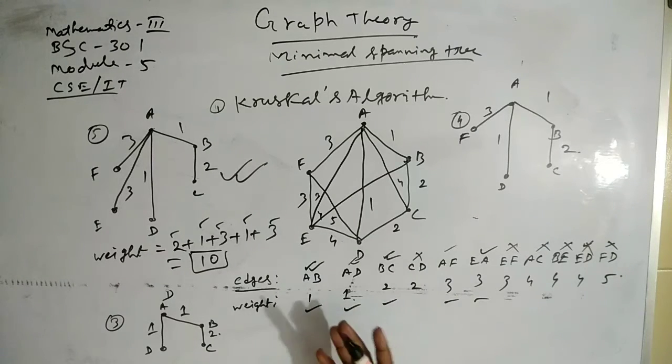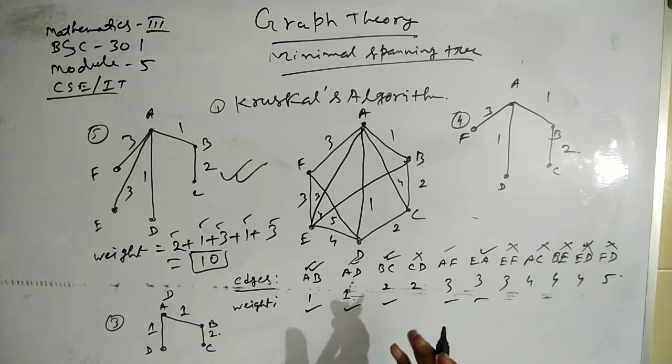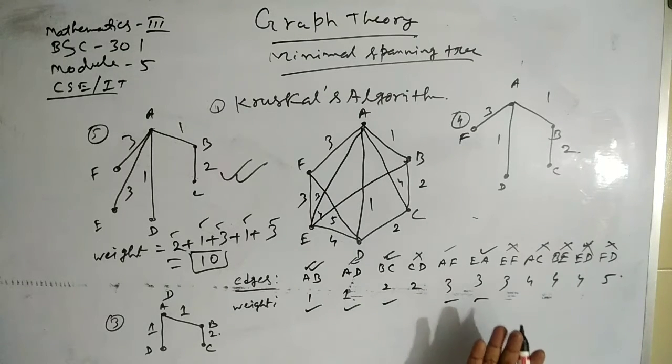Then start drawing from the first edge with minimum weight and carry on this procedure until you get n-1 edges. In between, you have to observe that if any edge forms a cycle, then eliminate that edge, skip that edge, and go to the next one. This is the Kruskal algorithm.